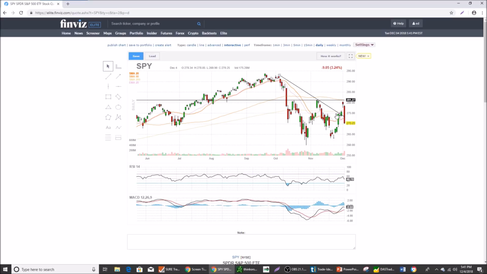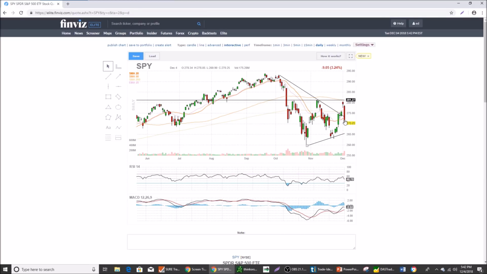But this, and here's some ascending support coming in through this. So you can see we were forming a little triangle here, and it just couldn't break through it. So now we're pulling back.